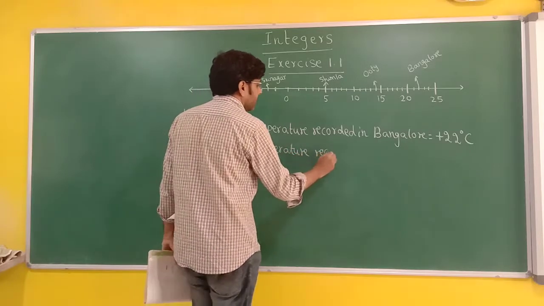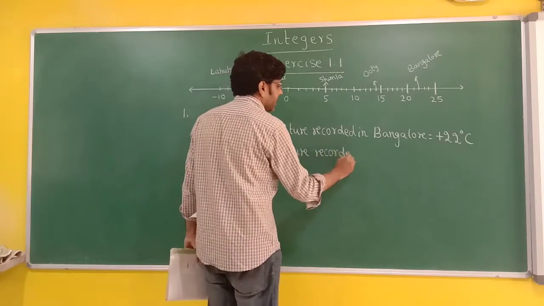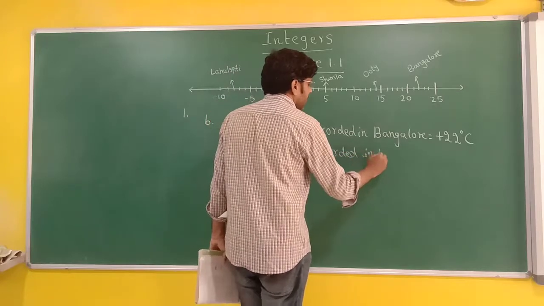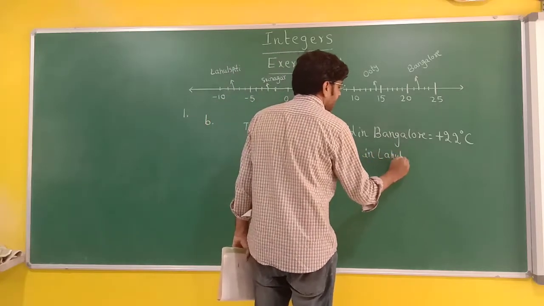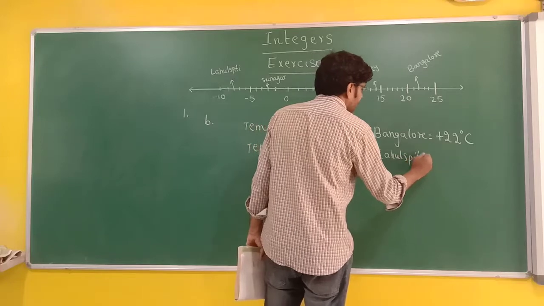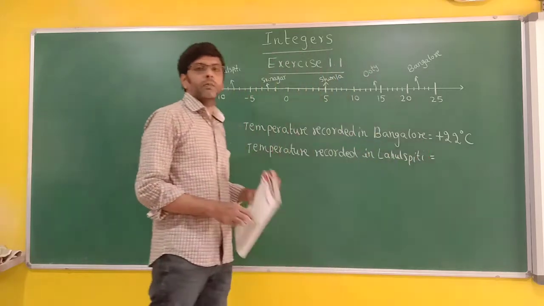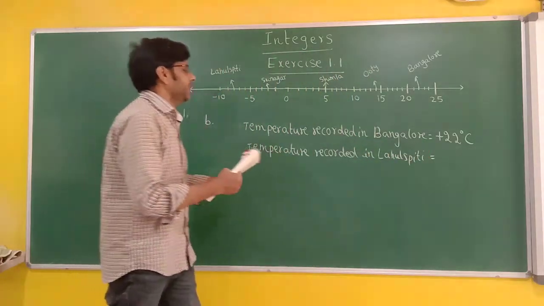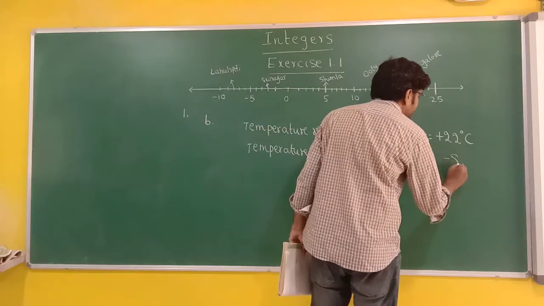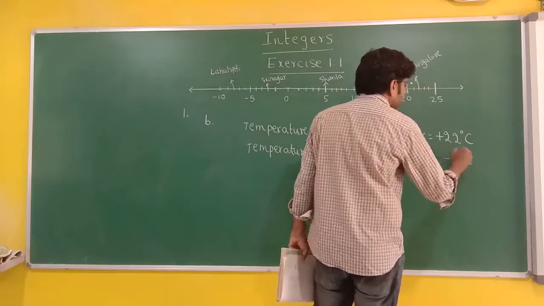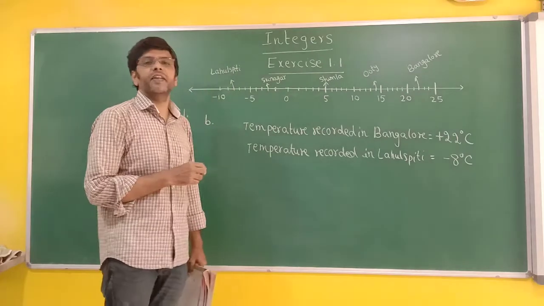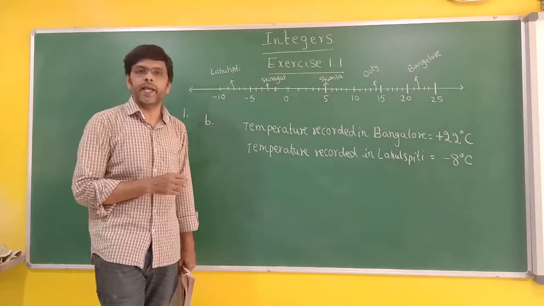Temperature recorded in Lahore Spiti is how much? We have done in the problem A. It is minus 8 degrees Celsius. Now we have to find difference between these two places.